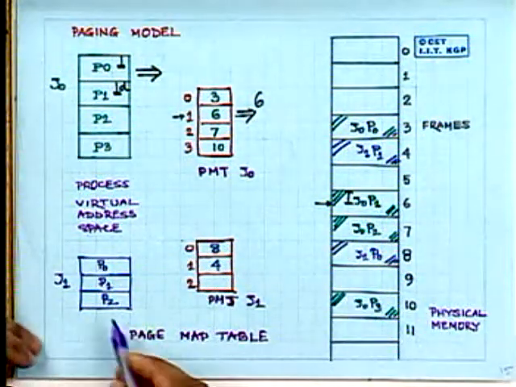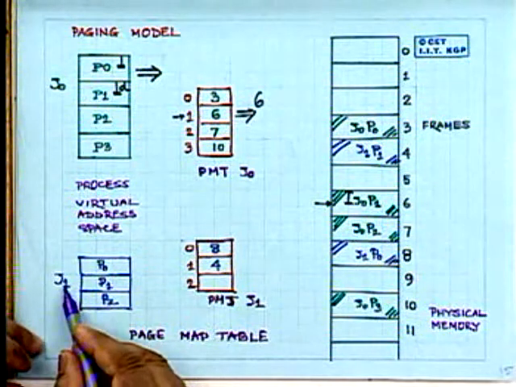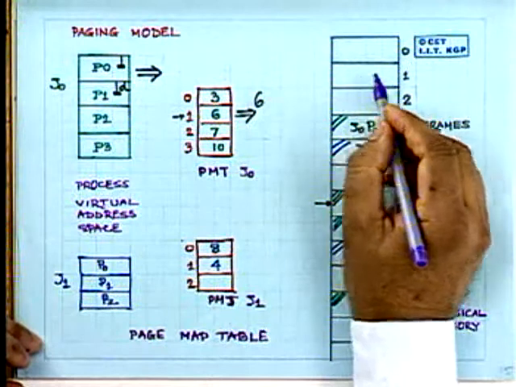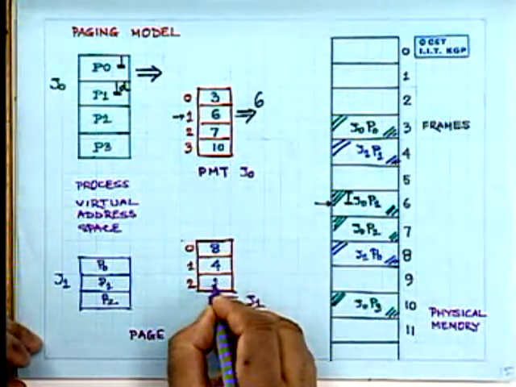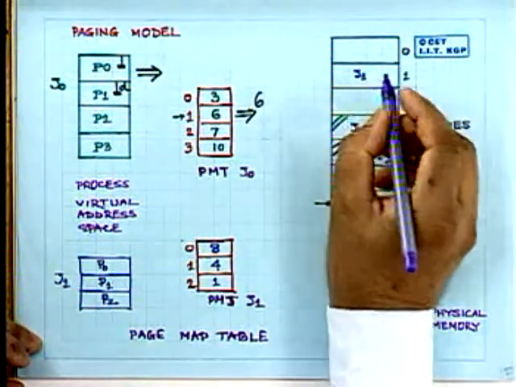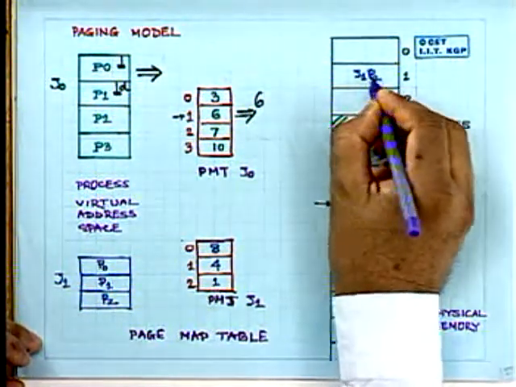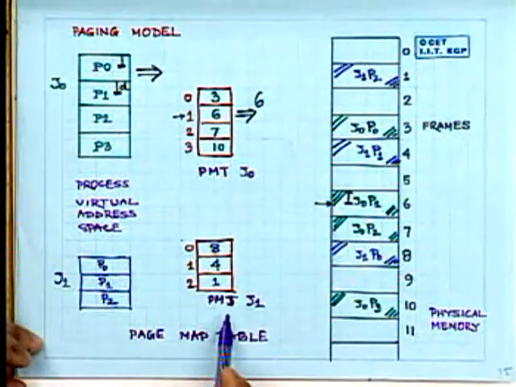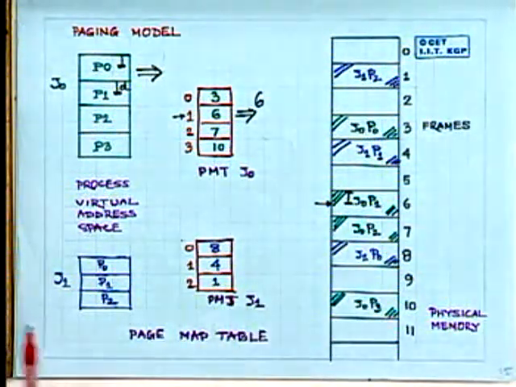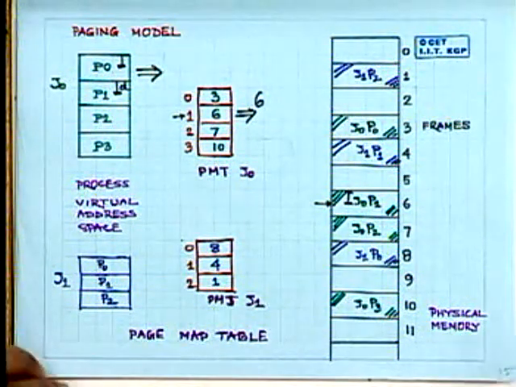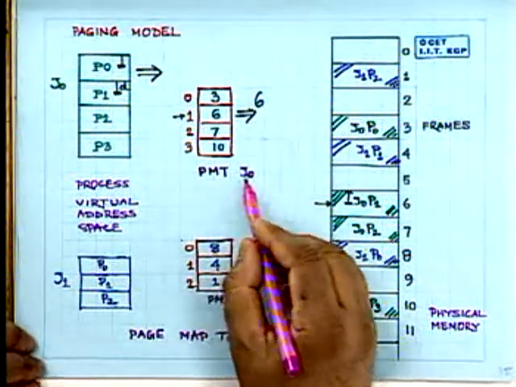And say page 2 of job J1 is loaded into, say, frame number 1. Okay, that means job 1, page 2 is here. Now, this is the page map table of J1, and this is the page map table of J0.